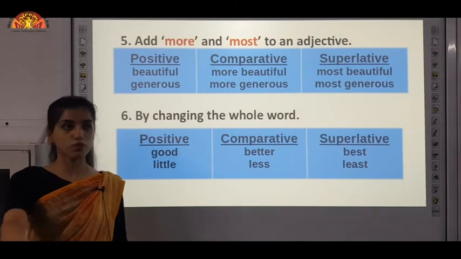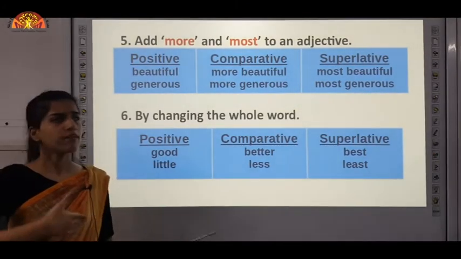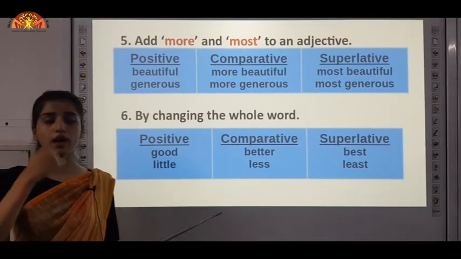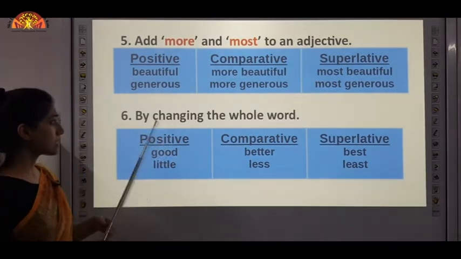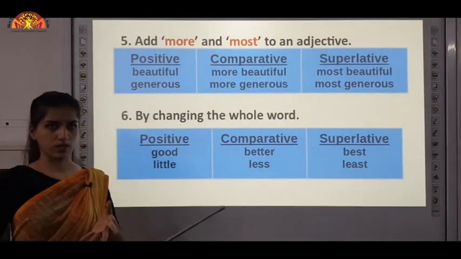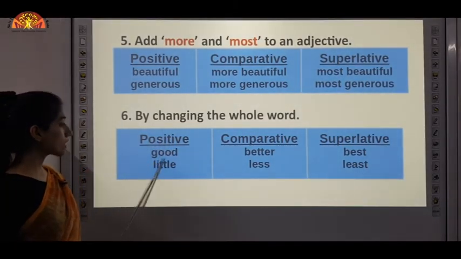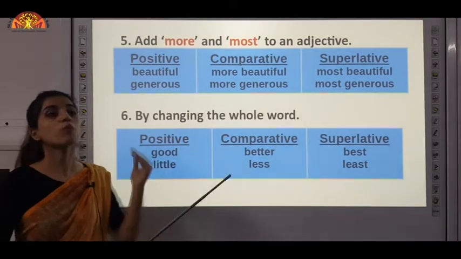Now the last way to form a comparative and superlative degree of an adjective is by changing the whole word. We are not following the above five rules we studied. We are changing the whole word to form the comparative and superlative. So the word is good.